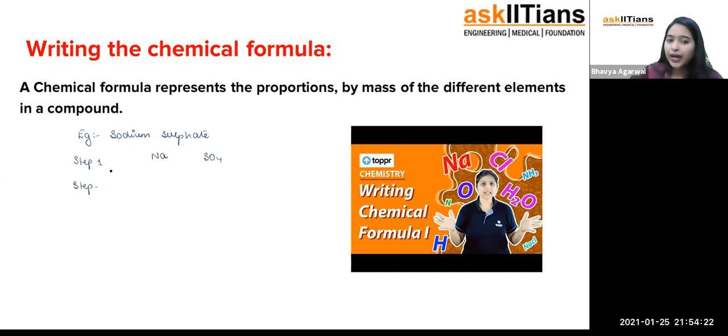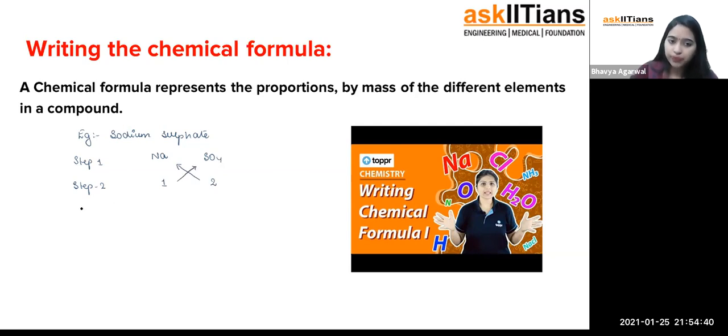Step 2 is to write their valencies and doing the crisscross. Sodium has a valency of 1. Sulfate has a charge of -2. So we don't write plus or minus. We only write the number, the magnitude. That is the valency.